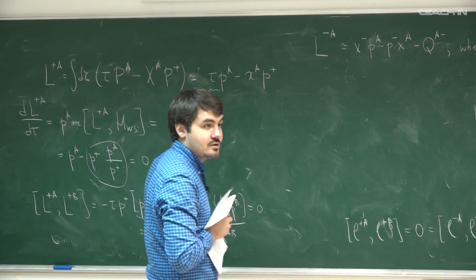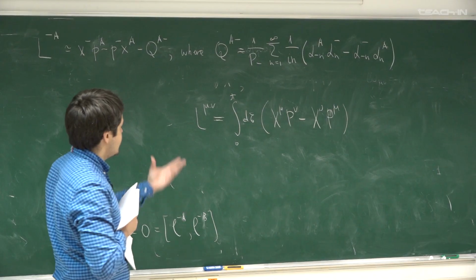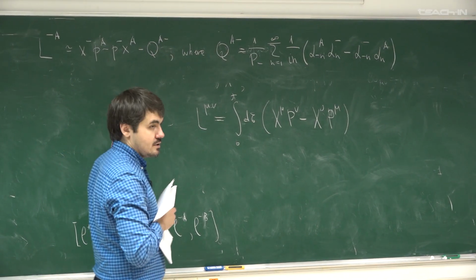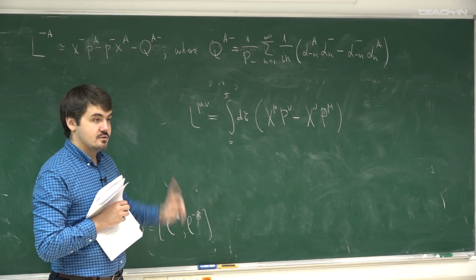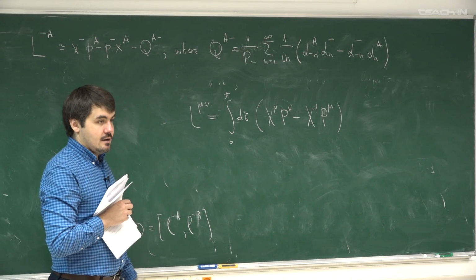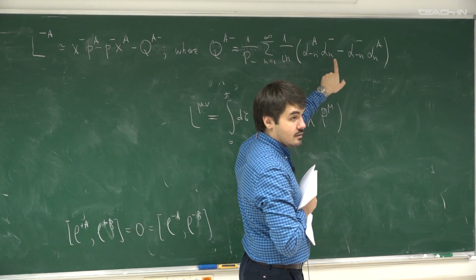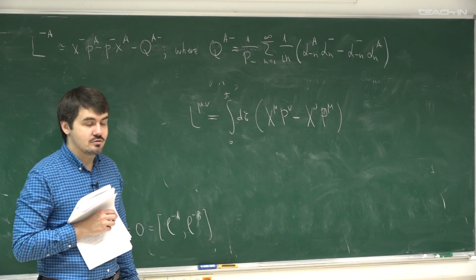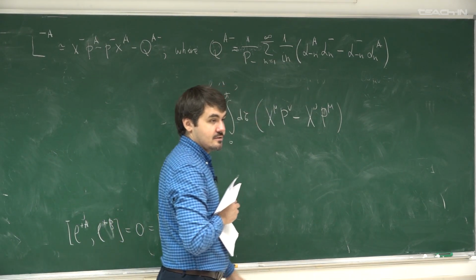These guys have no oscillators in them. But typically we'll have expansions of this form. But as opposed to these LAB generators, which are quadratic in the oscillators, this one is actually cubic in the oscillators. Why? Because alpha n minus is something we didn't have before, right? It's just a shorthand notation. So I have to explain what is alpha n minus here.